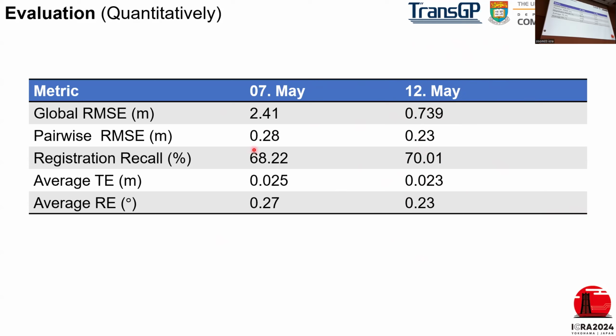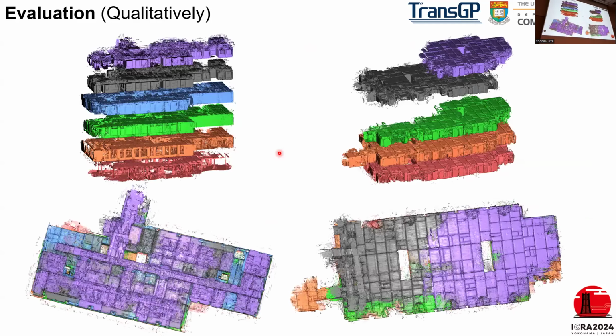Here we only show some cross results, not like the winner team. Here we give some visualization of the registration results. The different colors indicate the different time stages. We represent them along the z-axis to make it clearer.